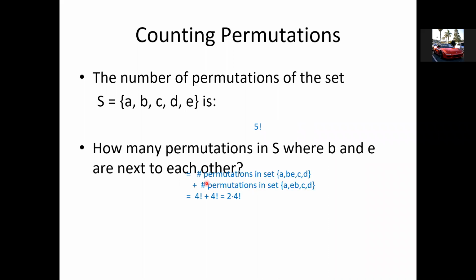Why is that? Because we either make BE one letter or we make EB one letter. Now, permutations over this set and permutations over this set are disjoint, right? In one of them BE occurs and in the other EB. So we can count them separately, and it's just 4 factorial each. So this is the answer.